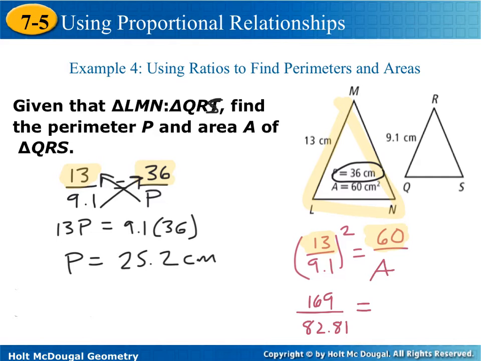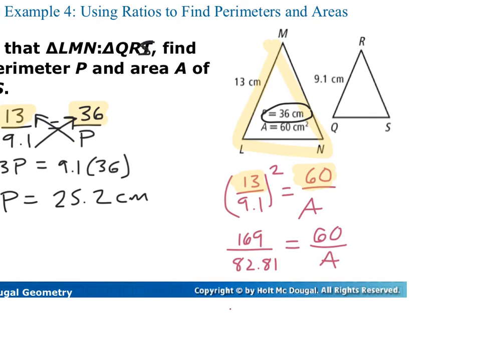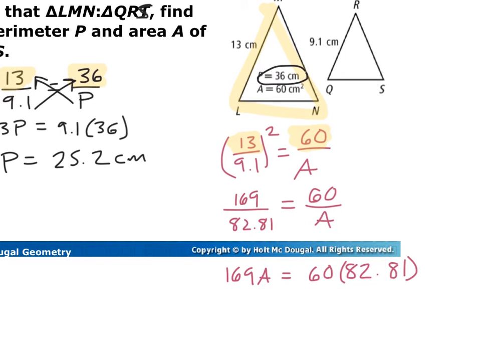And then we're going to have that's equal to 60 over A. And so how do we solve for A now? Cross multiply. So you get 169A is equal to 60 times 82.81. A is equal to 29.4 what? Centimeters. So our area is centimeters squared.